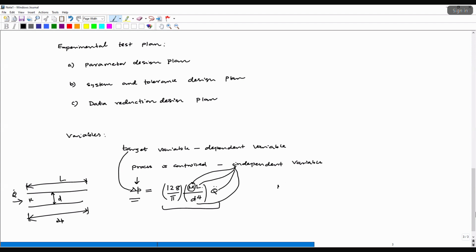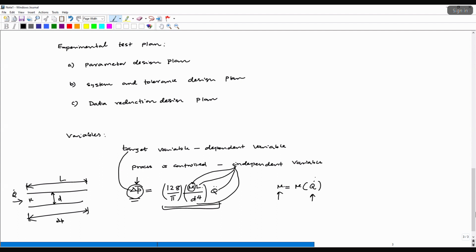But for a non-Newtonian fluid, the viscosity is a function of flow rate, so strictly this is no longer an independent variable. It depends on another independent variable. So when you do certain experiments, depending on the complexity of your experiment, you have to make sure that your target variable is basically the dependent variable, what all parameters depend on.